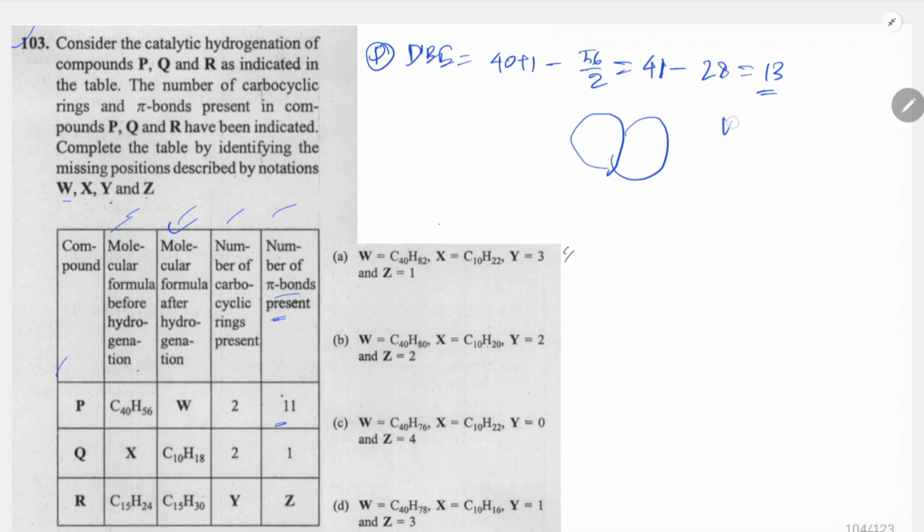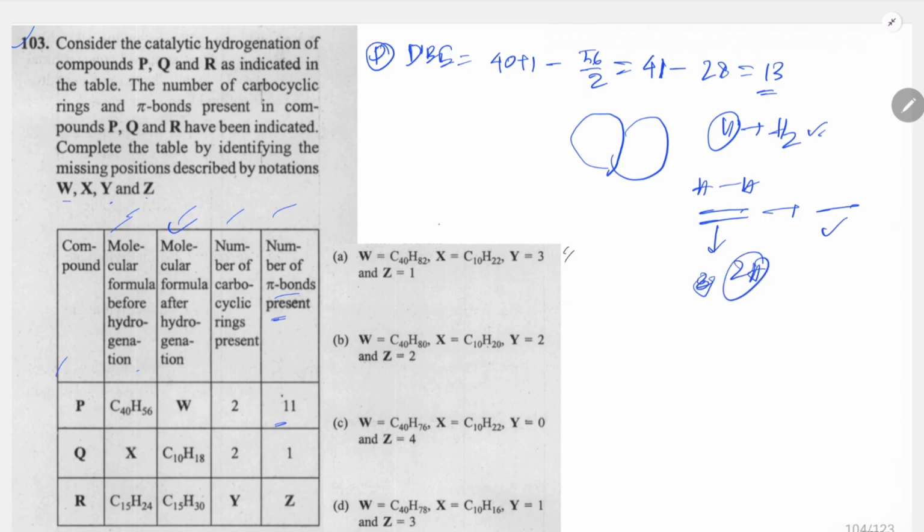This is after hydrogenation. Those 11 pi bonds will undergo hydrogenation, meaning hydrogen will add to them. Suppose this is a pi bond and hydrogen adds to it. For each pi bond, 2 hydrogens are added.